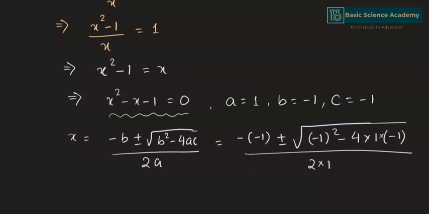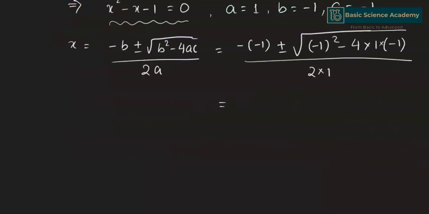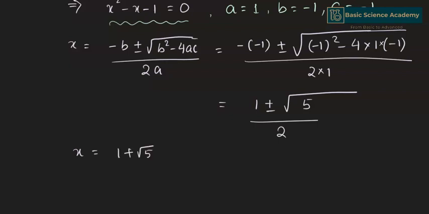A is 1. This is equal to minus of minus 1 is 1 plus or minus square root of minus 1 square is 1, minus minus is plus 4. 1 plus 4 is 5. Square root of 5 divided by 2. Hence x is equal to 1 plus square root 5 divided by 2 and x is equal to 1 minus square root 5 divided by 2.